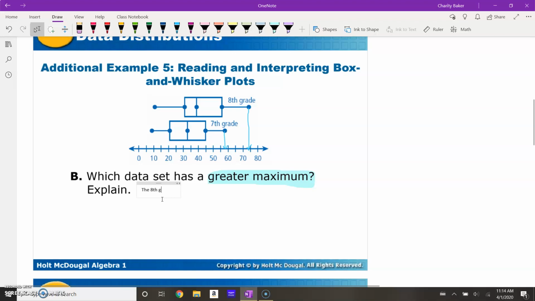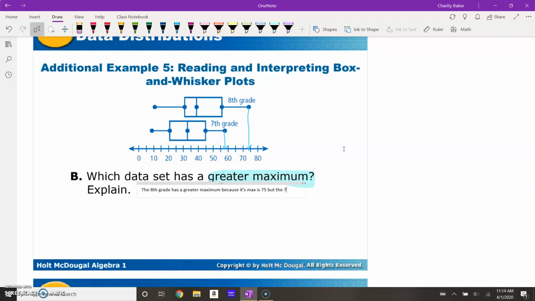The 8th grade has a greater maximum because. Now, why did I say because? Why did I spell it wrong? Well, because it says the word explain here. So it's not enough just to say the answer, we have to explain it. So the 8th grade has a greater maximum because its maximum is 75, I think, 75.